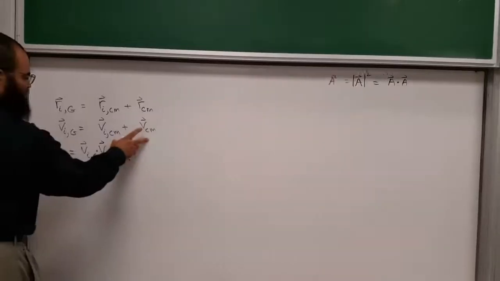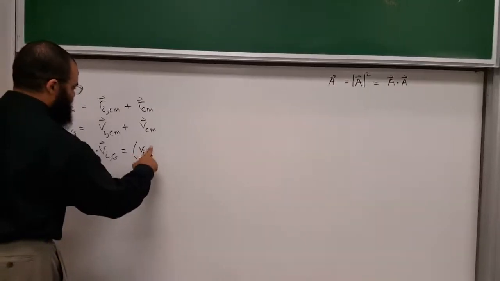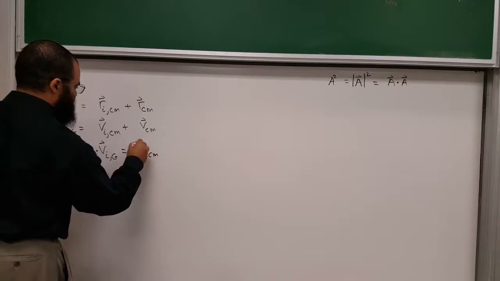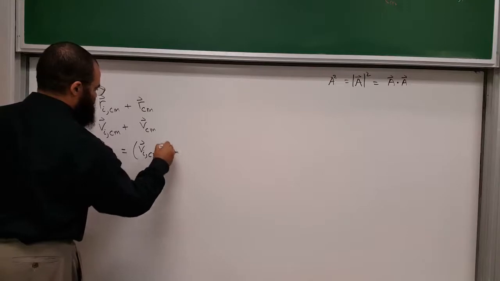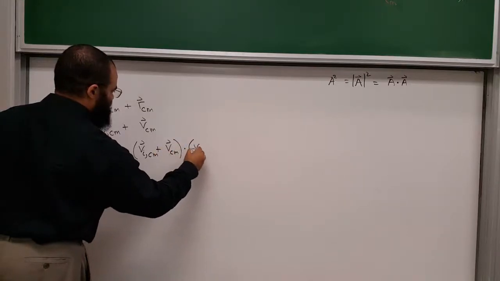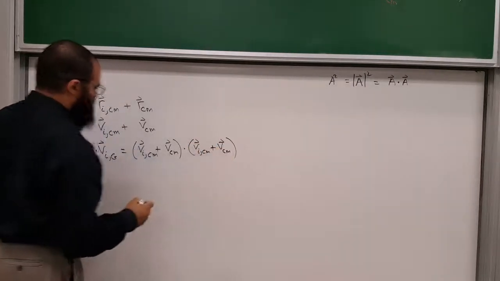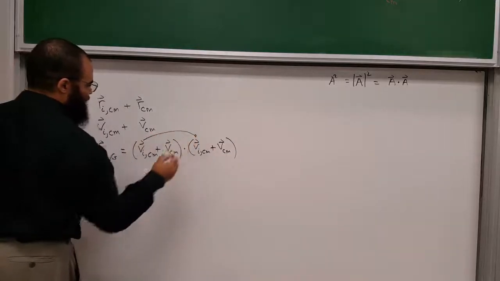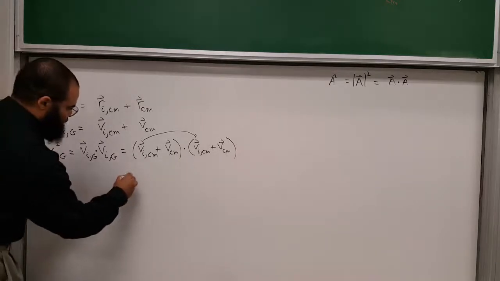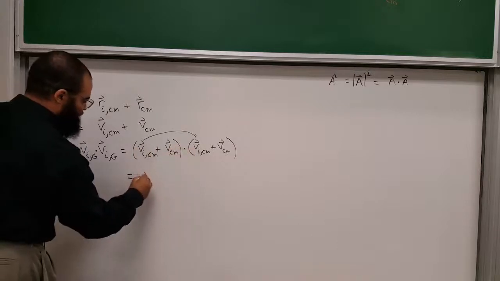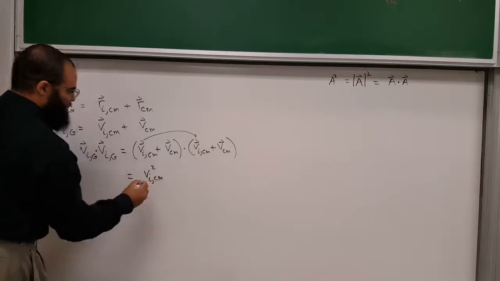But this vector is these two vectors added together and then dotted with themselves. So it's Vi relative to the center of mass plus V center of mass, dotted with Vi relative to the center of mass plus V center of mass. Let's take the dot product. The dot product of Vi relative to the center of mass with itself is Vi relative to the center of mass squared, the magnitude squared.